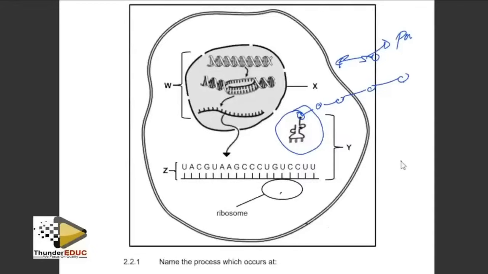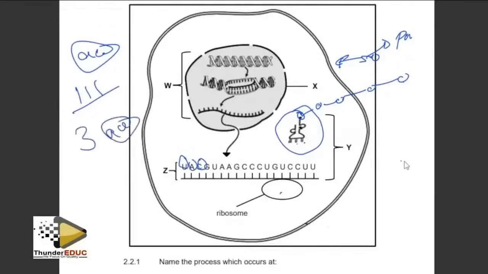Now, a question can come: how many bases, how many nucleotides, code for an amino acid? An amino acid always has 3 bases, 1, 2, 3. But if there are 3 amino acids, how many bases are there?